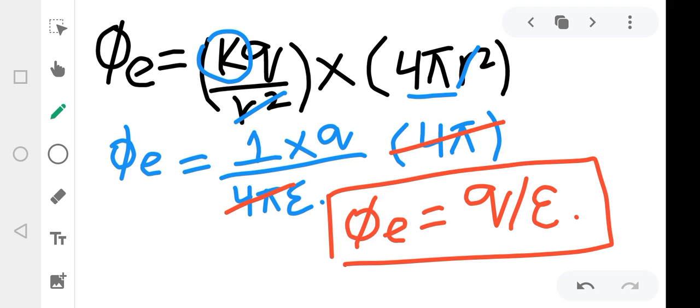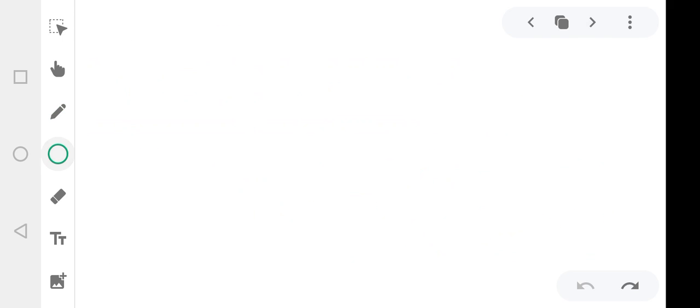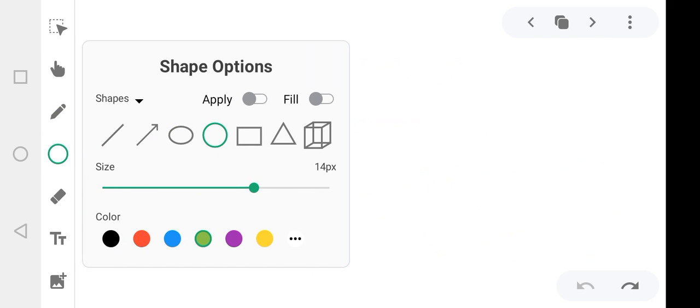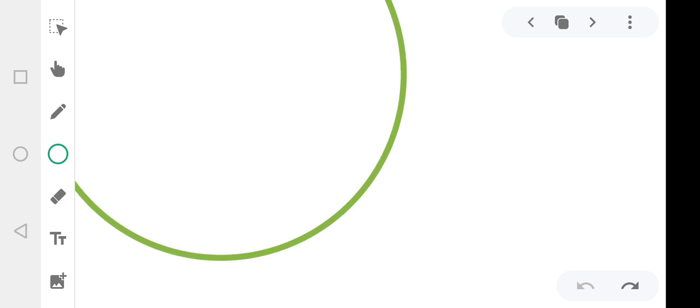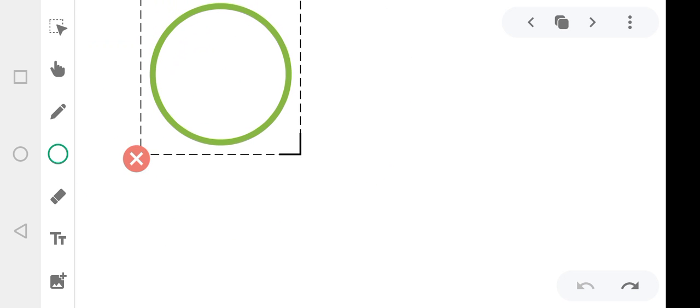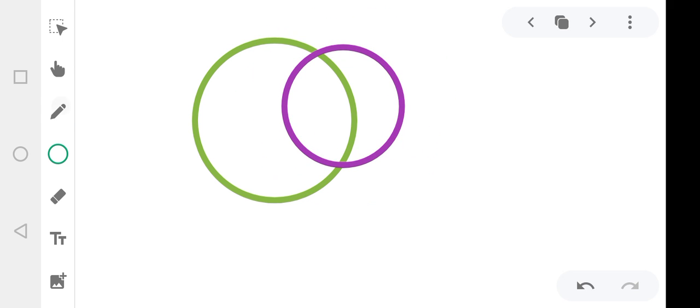After that I am going to take another example. Let's say I have a body here. Let me draw it again. It is a sphere again, and I have another sphere here, like this. And I have a charge q plus here.